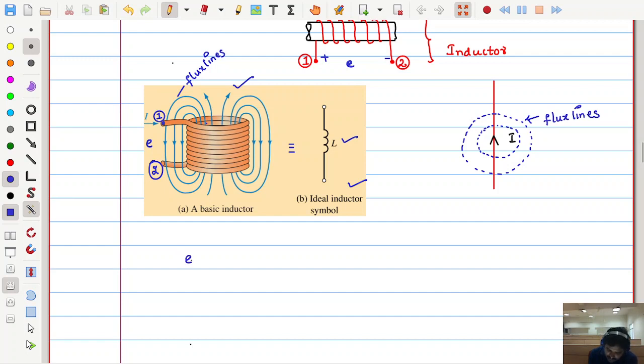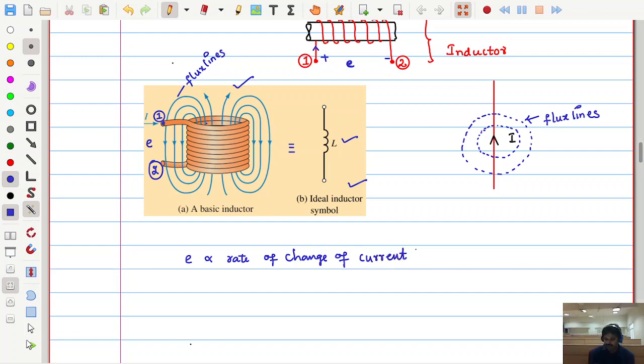That induced voltage depends on the amount of the current rising in this coil. If I increase the current very fast, then more induced EMF can be developed across this. So E is proportional to the rate of change of current.